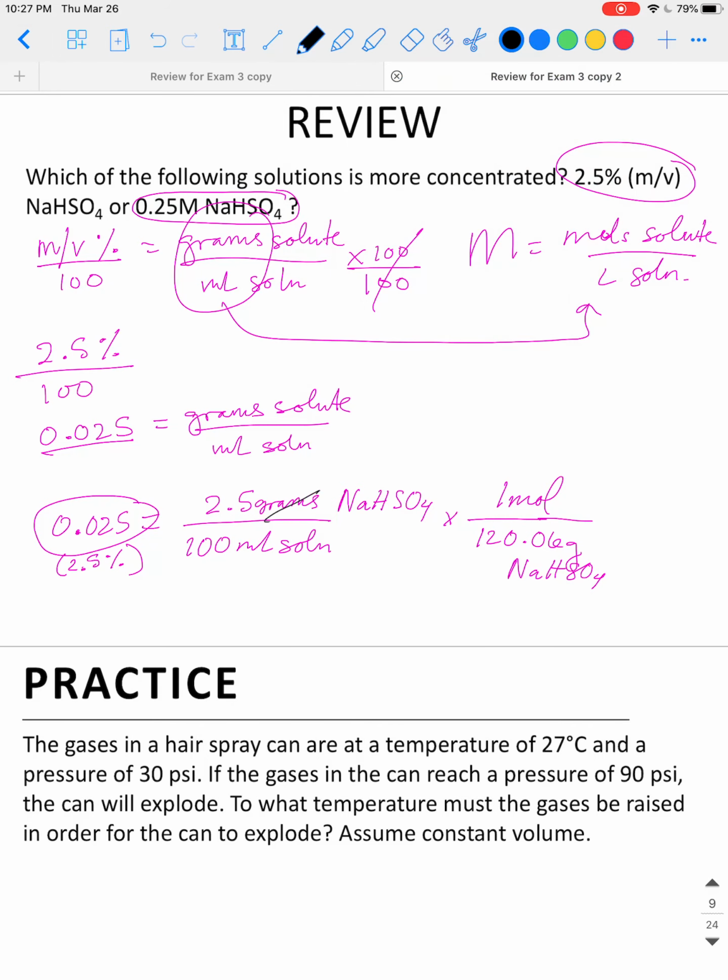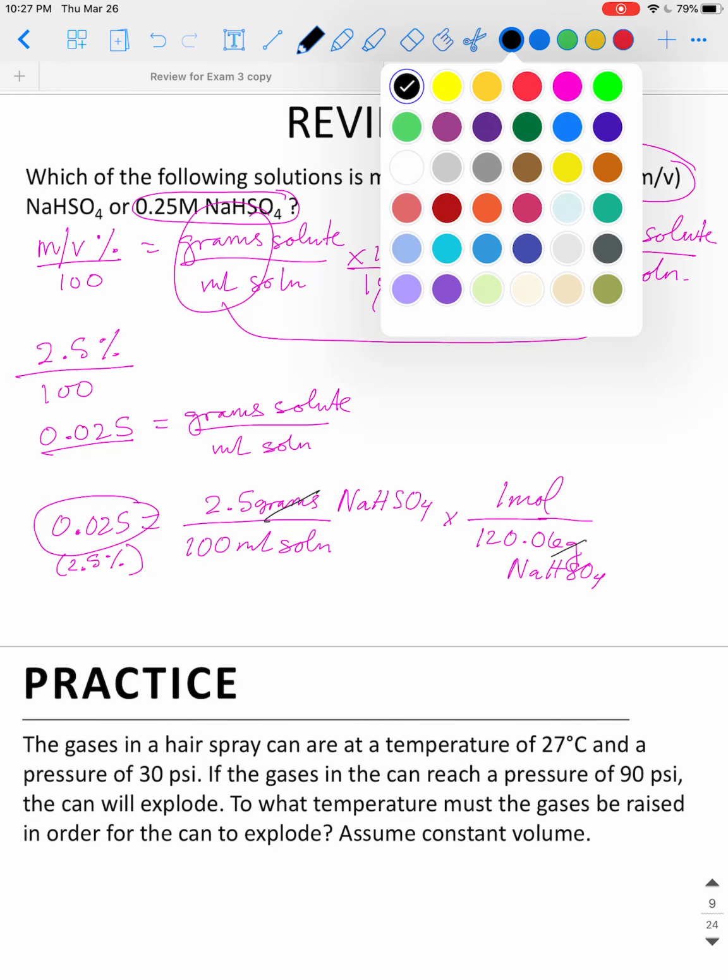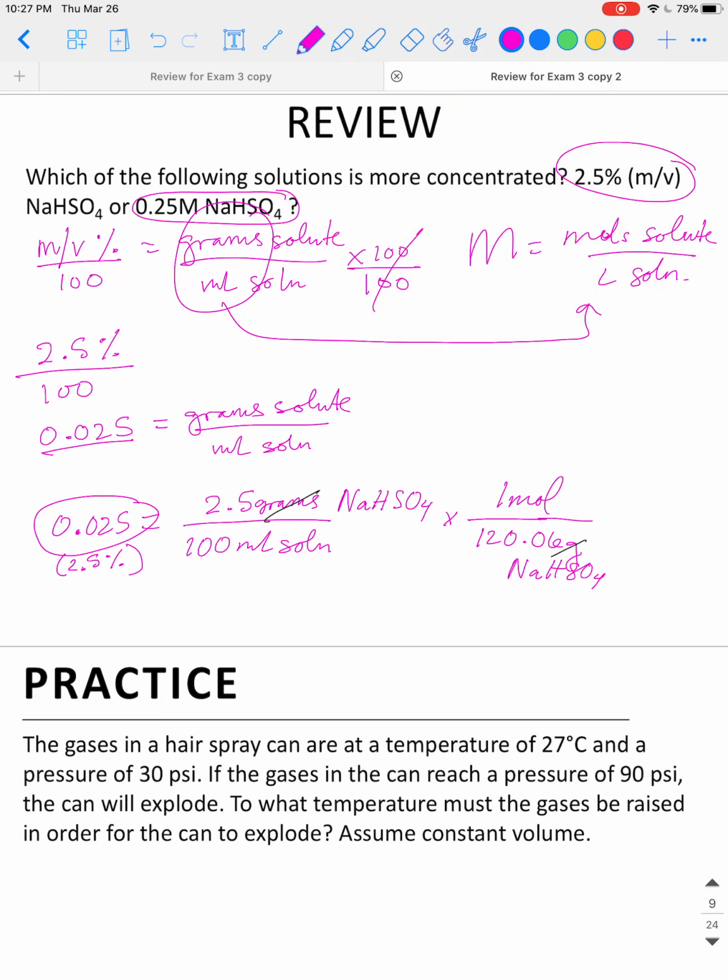And grams will cancel out. Goodbye to the grams. Now I need to convert milliliters to liters. I'm going to keep going all in one step here: 1,000 milliliters for every 1 liter. If I do that, milliliters will cancel out. So now I just do my math.